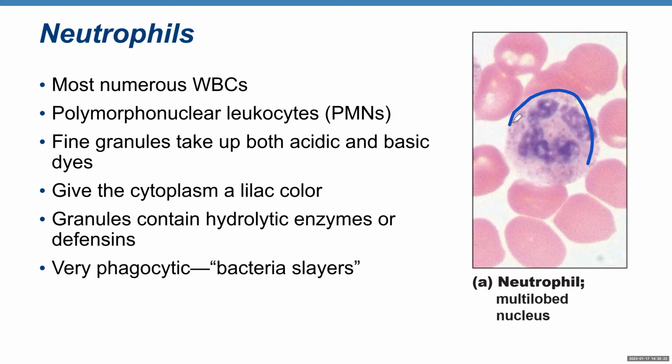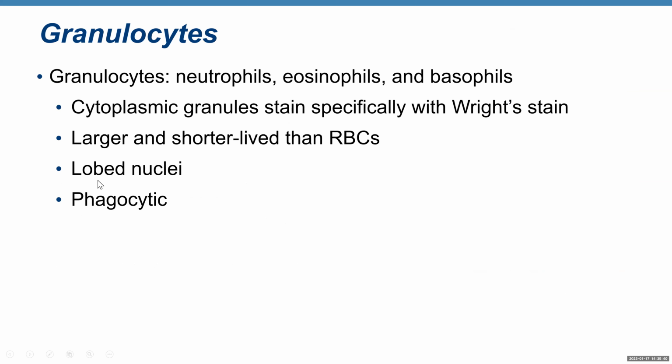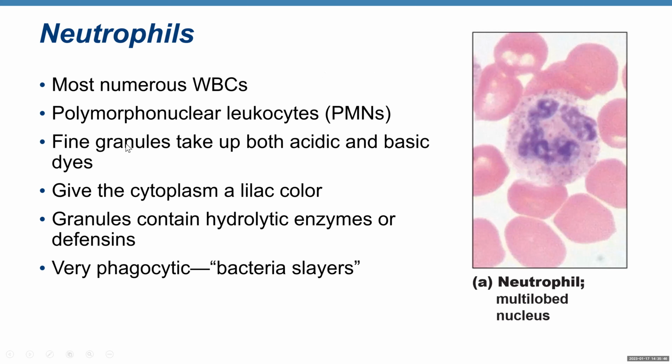So this is a neutrophil. You can see granules, right? So it's a granulocyte. This purple structure here is a nucleus, and the nucleus has several lobes. That's why we say it has a lobed nucleus.